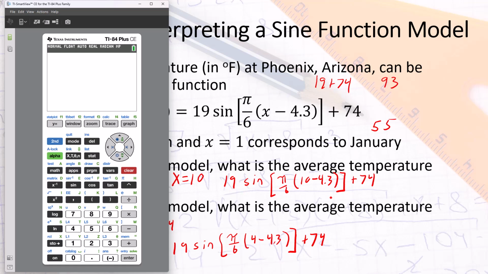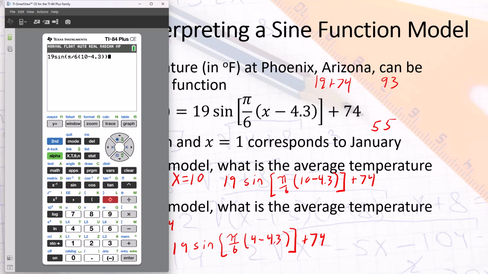Now I'm going to go ahead and compute this. The way I'm going to do that is 19 sine, parenthesis, pi divided by 6, parenthesis, 10 minus 4.3.